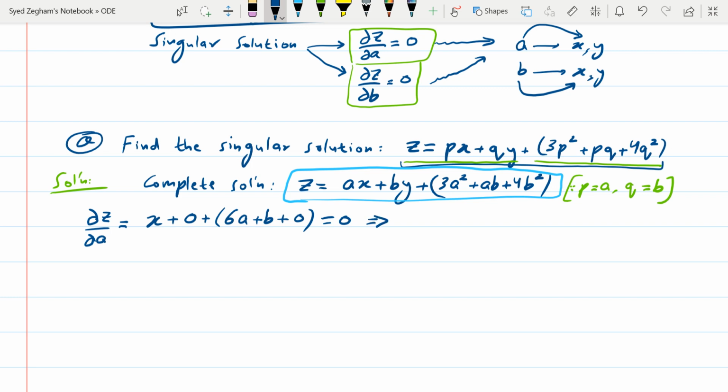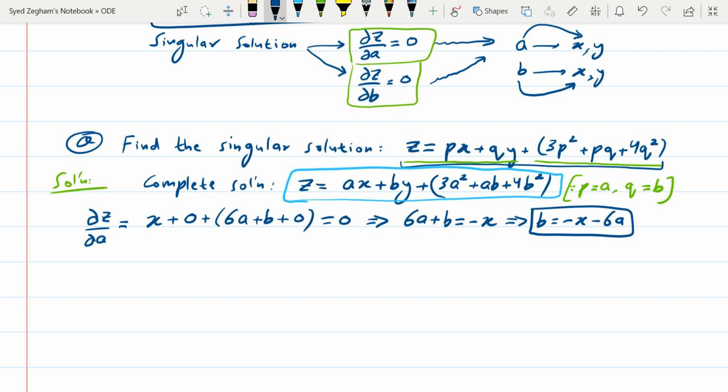So this gives me that 6a plus b should be equal to minus x. Or you can say that b is equal to minus x minus 6a, right?